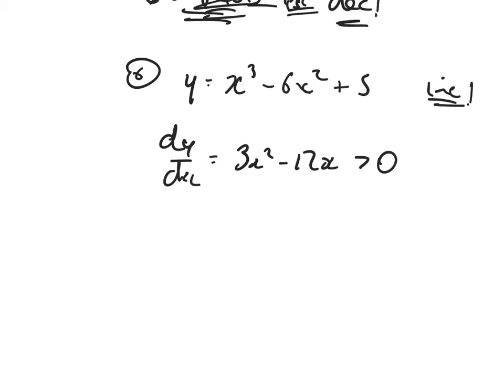Now we're starting to go into the direction of quadratics and quadratic inequalities. That is a quadratic inequality. Now remember, for quadratic inequalities you must make a sketch. So the question has now moved from differentiation into the realm of quadratic inequalities. So just go with that.